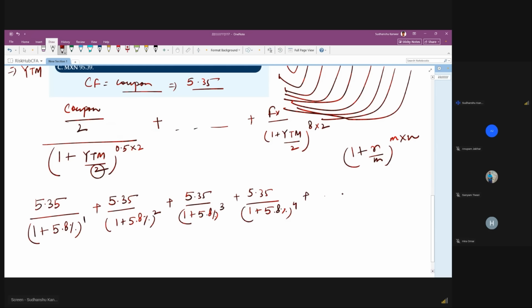Similarly I'll go till the last one. The last one is 5.35 plus the face value over 1 plus 5.8% raised to power 16.